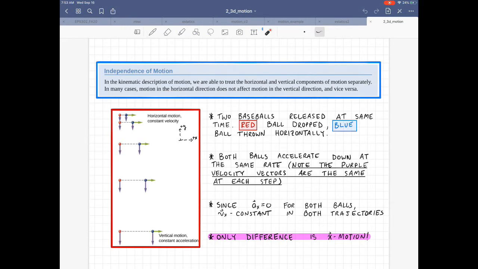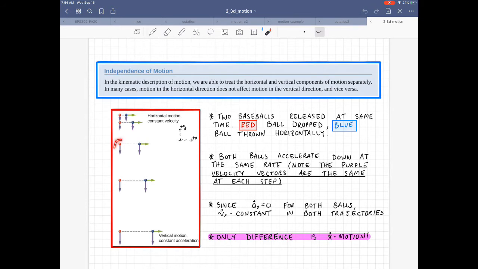Now, if you watch what happens in the diagram, initially the two objects are at the same y position, and they're offset a little bit in x just so that you can see them. And then sometime later, they've both dropped the same amount. The blue object, though, has traveled a little bit to the right because there's some x velocity.